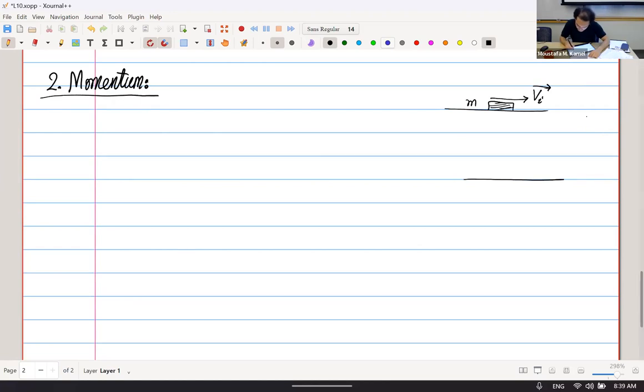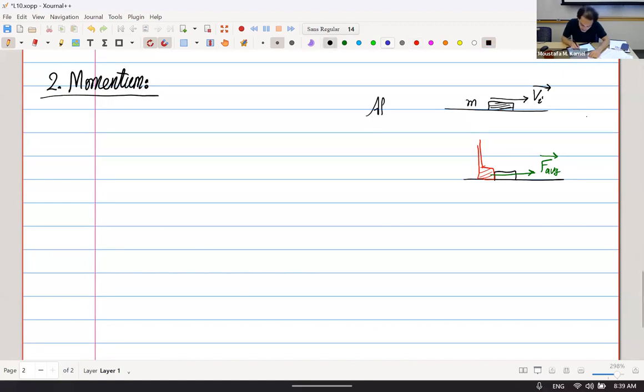Okay, so let's draw this. During the contact, there is a force, there is an average force from the hockey stick on the puck.